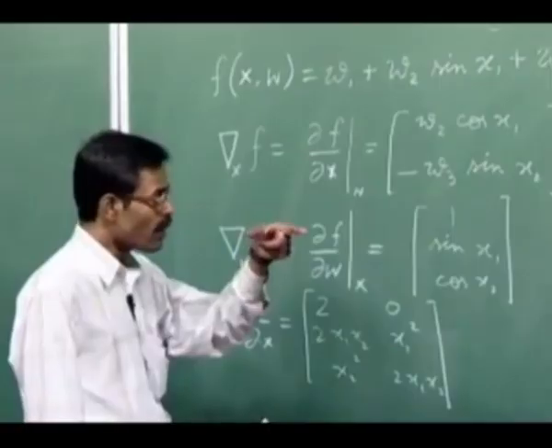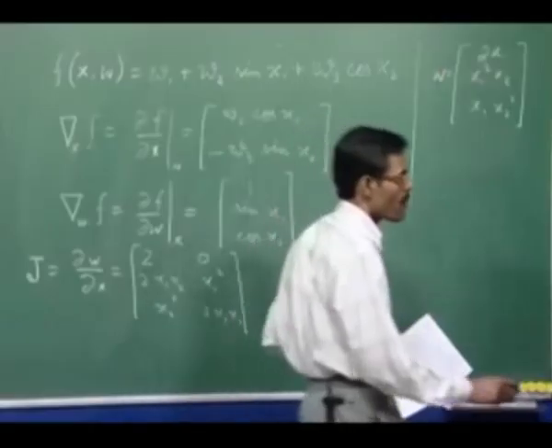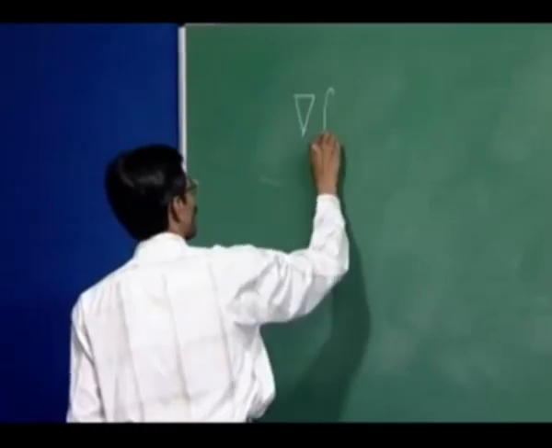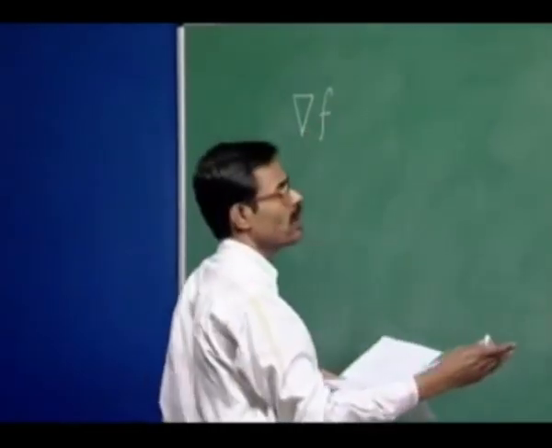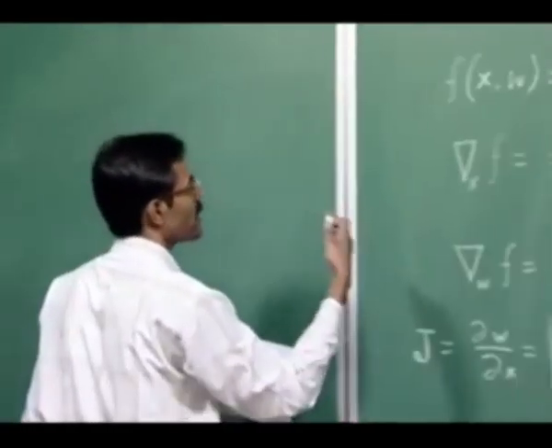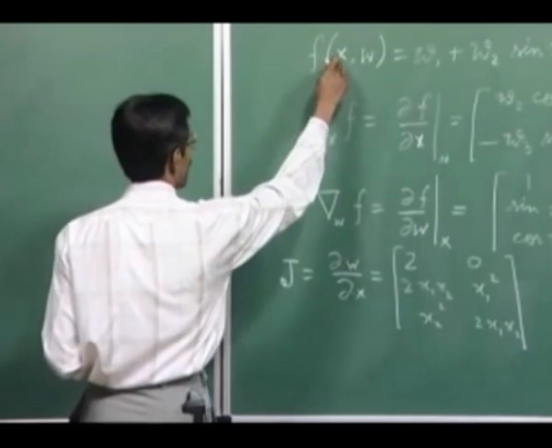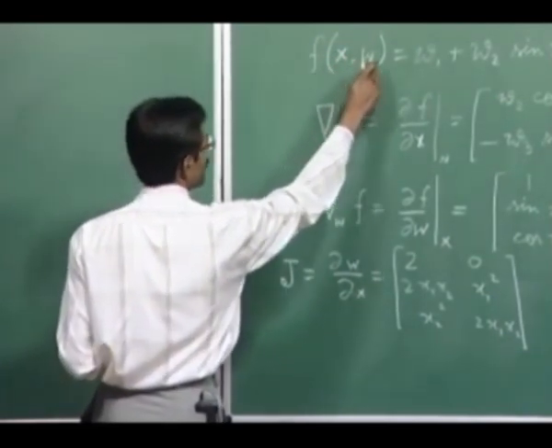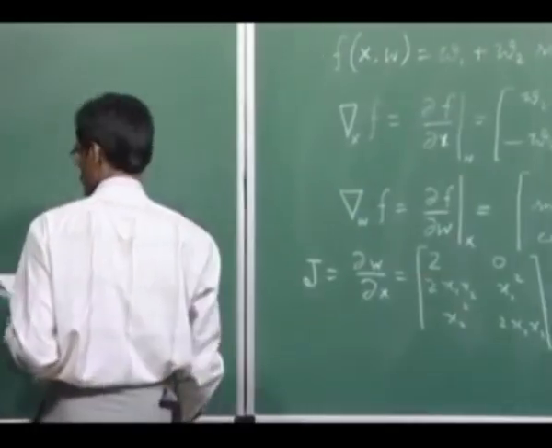Now, this formula applied to this particular problem will give us grad f, the total gradient of f, which accounts for the rate of change because of the direct change as well as the change through a change in w because of change in x.